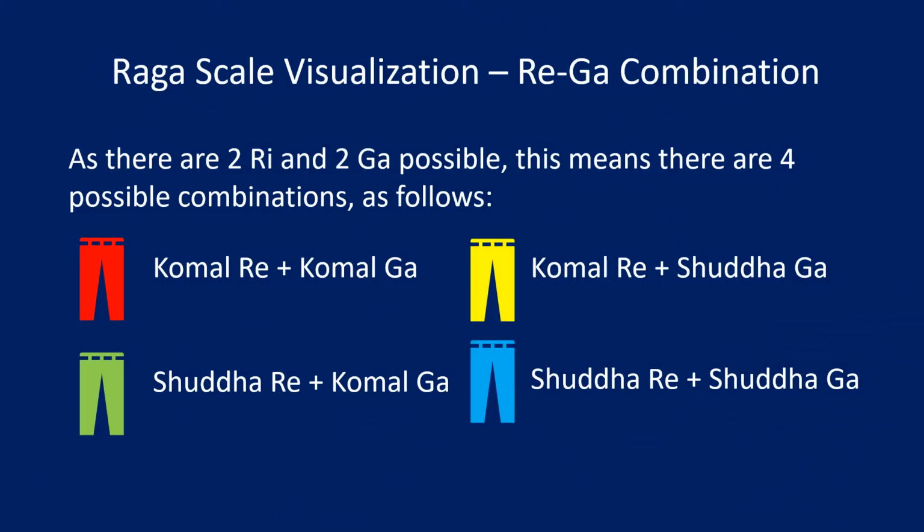As there are 2 Re and 2 Ga possible, there are 4 possible combinations for pants as follows: Komal Re plus Komal Ga, Komal Re plus Shuddha Ga, Shuddha Re plus Komal Ga, and Shuddha Re plus Shuddha Ga. These are the 4 possible Re-Ga combinations in the Hindustani Thaat system.